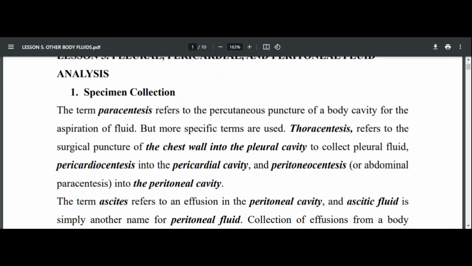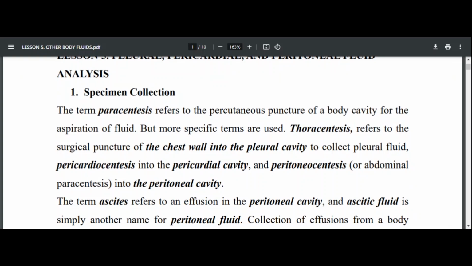These effusion fluids can be corrected through paracentesis, and because they are in various body cavities, we call them effusion fluids. But specific terms can be used depending on which cavity is punctured.